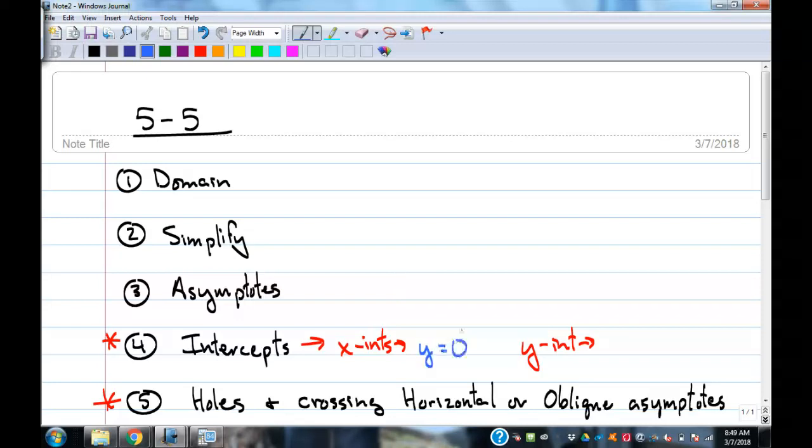Yeah, y equals 0. Set the whole thing equal to 0. F of x equals 0. Solve it. Okay. How do we find y-intercepts? Yeah, find f of 0. Plug a 0 in for x, and that's going to get you the y value. That's going to get you the y-intercept. All right. Let's get into that.